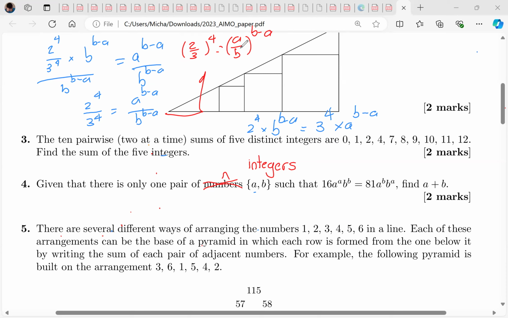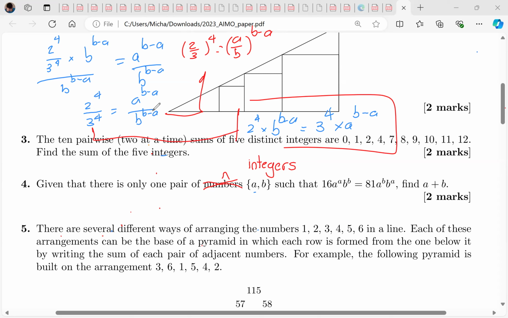Do we understand how we got there or not? Ernest, do you get it? Do you understand how we got from this to this? Oh yeah. And then since it's 2 to the 4 and 3 to the 4, we can just take the power out.